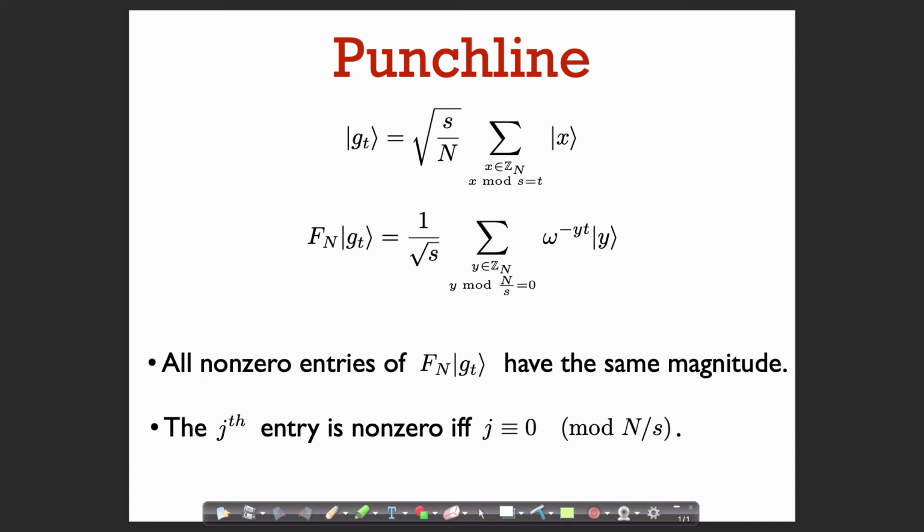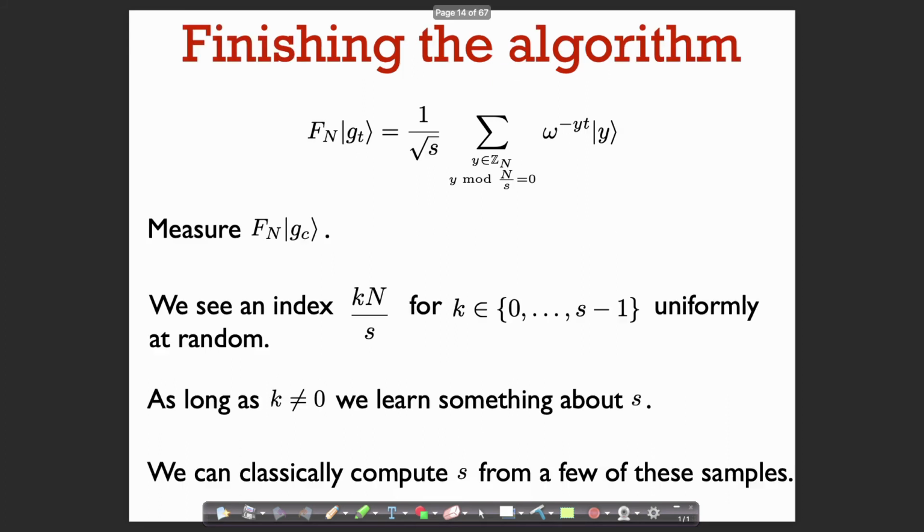That's also critical to the algorithm working. So this punchline establishes that when we measure after the third step, after we apply the Fourier transform, we're going to see an index of the form k times n divided by s, for some k chosen uniformly at random.